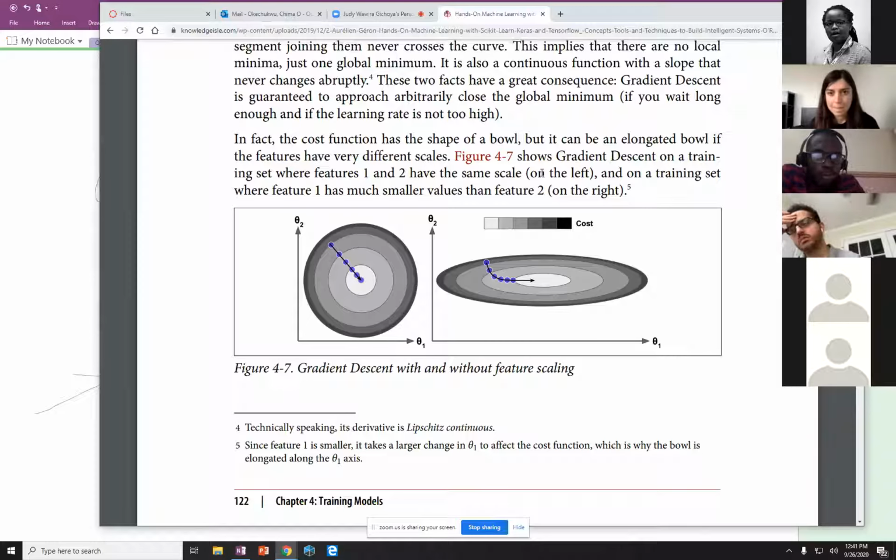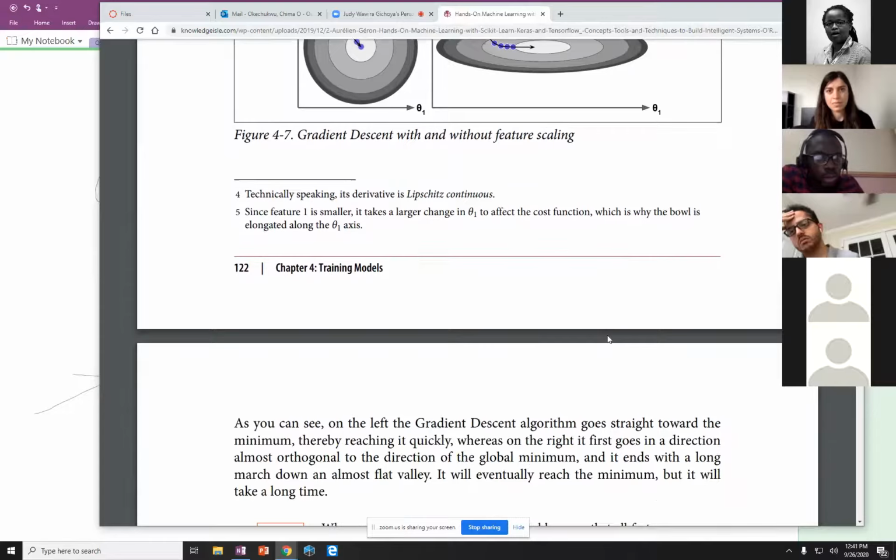Income will probably be in the hundreds of thousands of dollars, but the square feet is around 3,000. So with feature scaling, you bring all of them to the same scale, possibly between 1 and 2, if that makes sense.